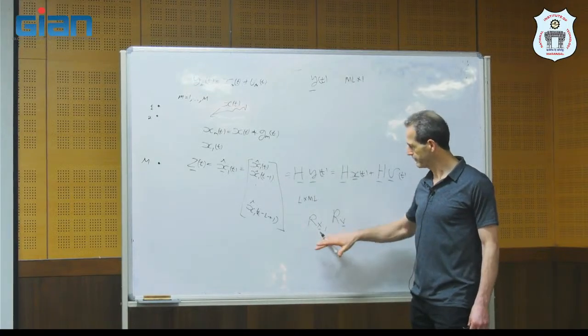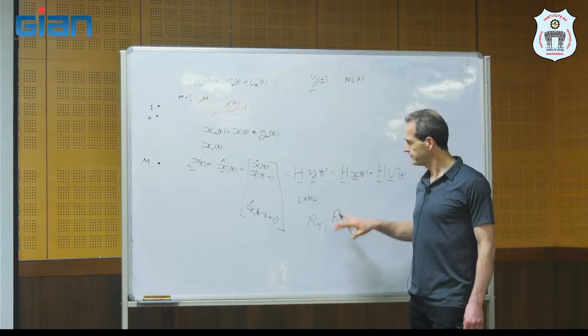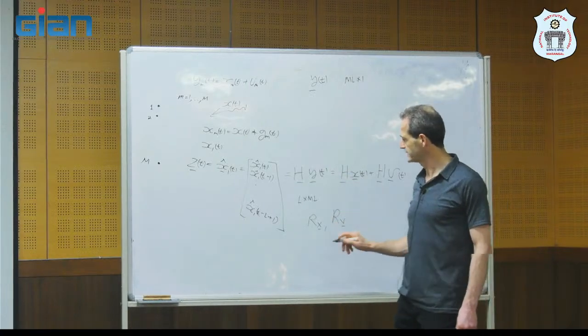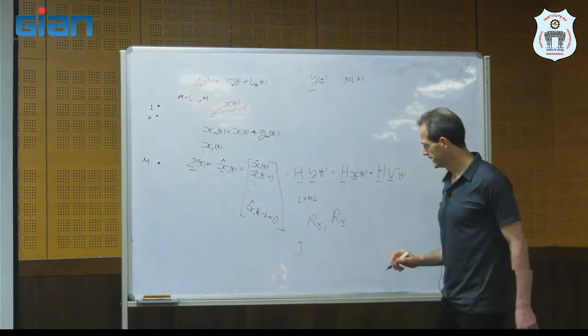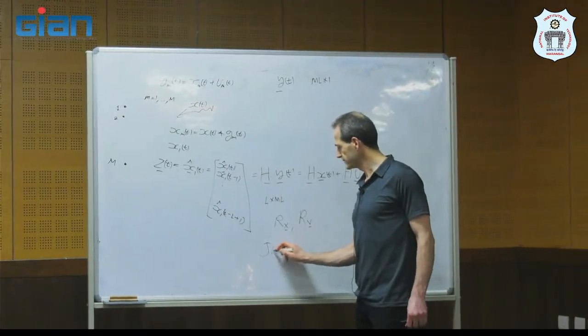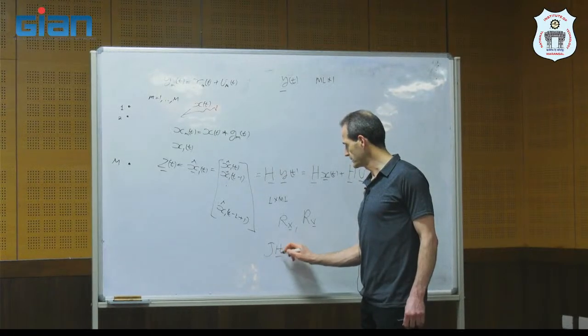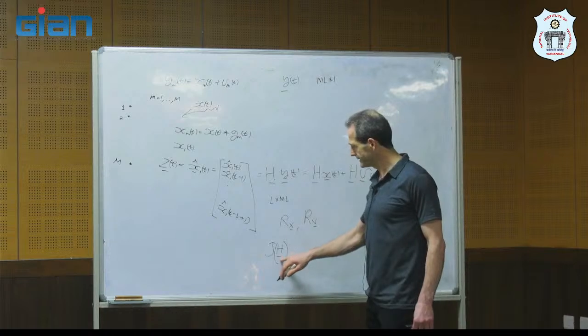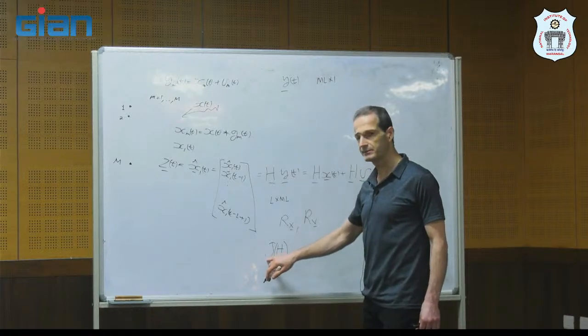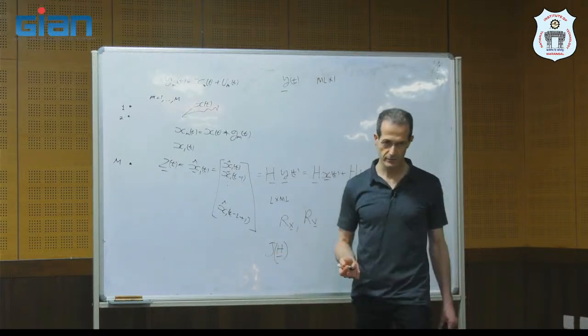Okay, so if we have this, we can define what is the mean squared error, and we can define it as a function of H, and try to find the H that minimizes this mean squared error.